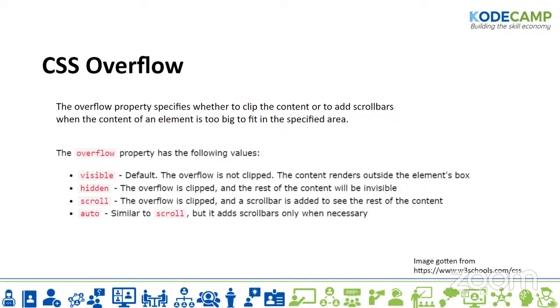And at some point, you notice that, okay, I have to scroll to see more content to read what I've written. So that scroll bar is there. That's the way this overflow stuff works. Then you have auto, which is similar to scroll, but it has a scroll bar only when necessary. So let's take note of that.